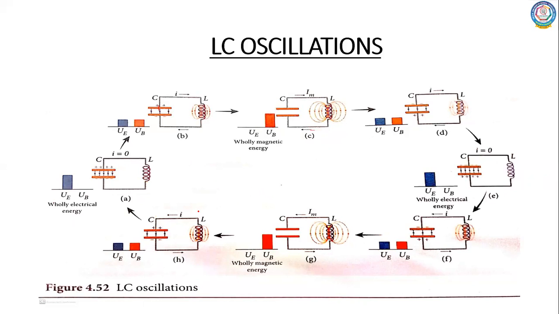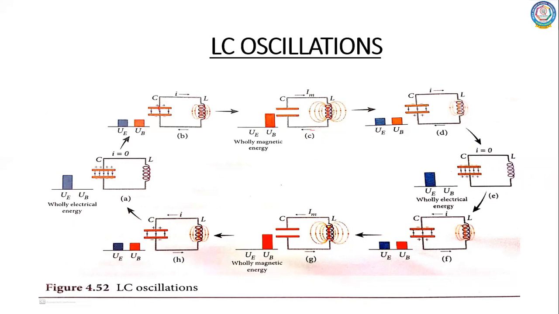These oscillations are what you call LC oscillations. Whenever there is no loss of energy, these oscillations will continue indefinitely. These type of oscillations are called undamped oscillations, because in an ideal LC circuit there is no loss of energy.